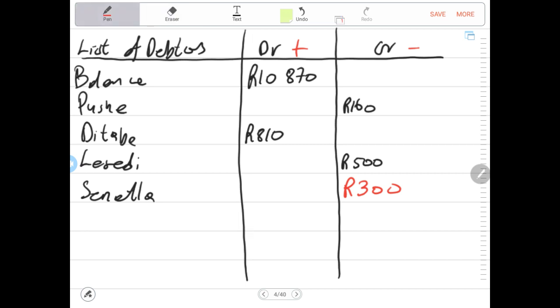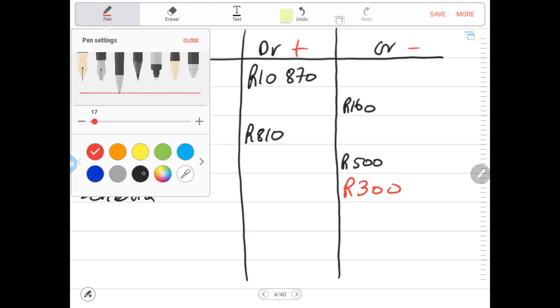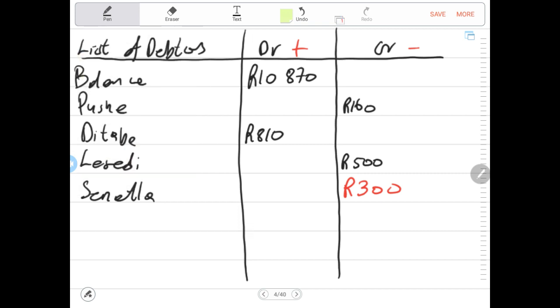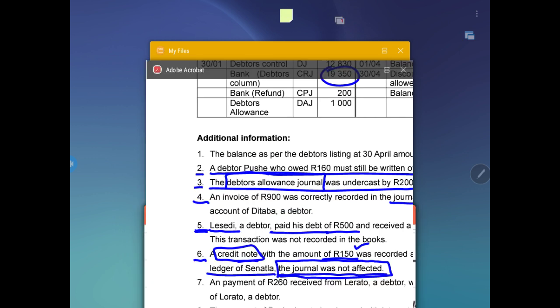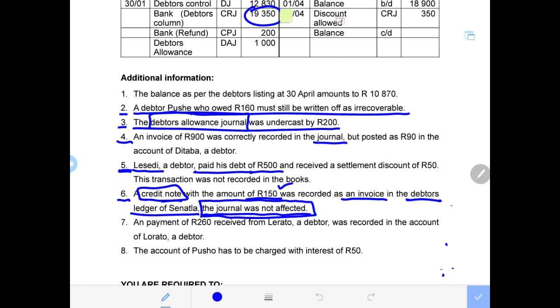Students who can assist an inexperienced bookkeeper will not take that long way, they just do 1, 2, and they are done using the shortcut. Now we have recorded the amount of 300 that went to the credit side of the account of this customer. Then we continue on that same note. Remember, they said the journal was not affected, meaning everything was recorded correctly in the journal.